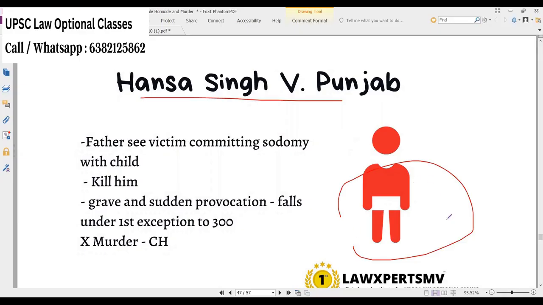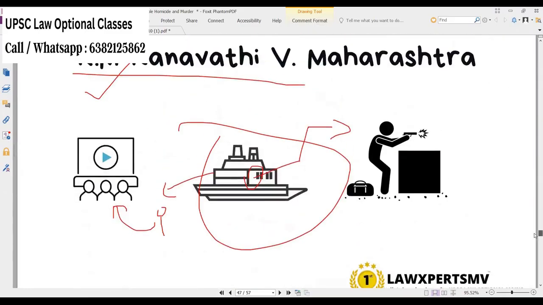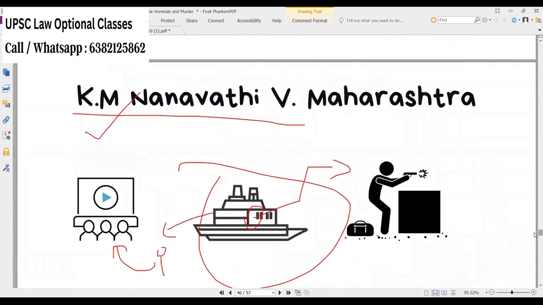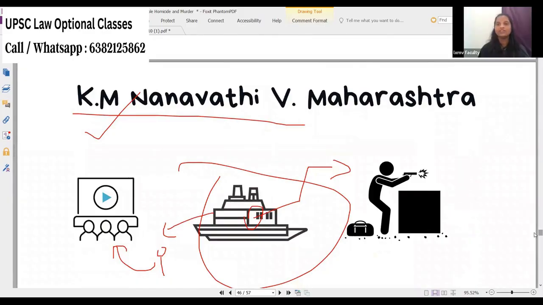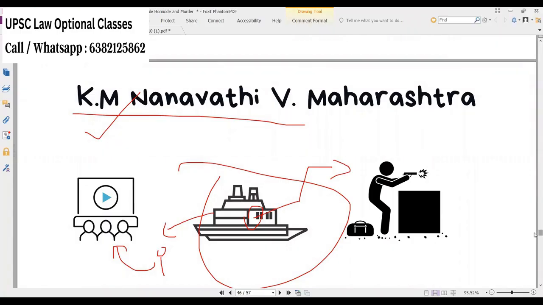Yeah, sir, tell me. So in Nanavati, he will be accused of culpable homicide not amounting to murder. No, why should he be? He doesn't fall under the exception. There is no sudden provocation. He pre-planned everything. So he is committed for murder. He does not fall under the exception.